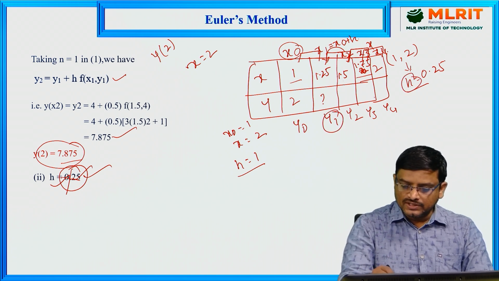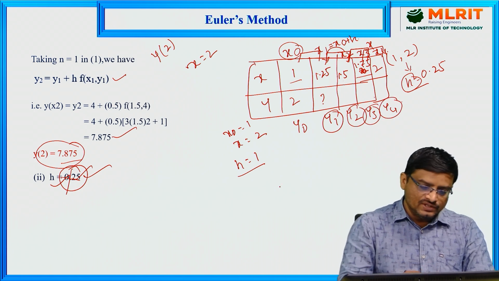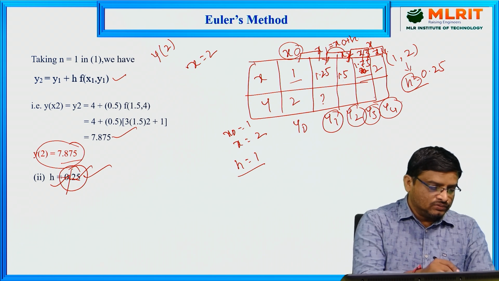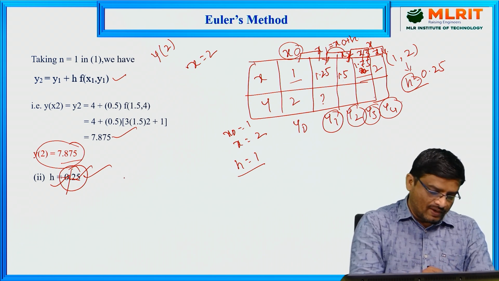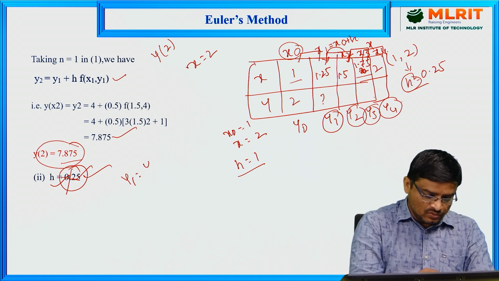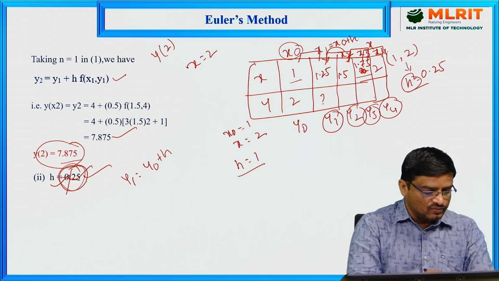Now the question is finding y1, y2, y3 and y4. Now use the same procedure of Euler's which we followed in case 1. So y1 is equal to y0 plus h into f of x0 comma y0, where in the second case we have to take the h value as 0.25.